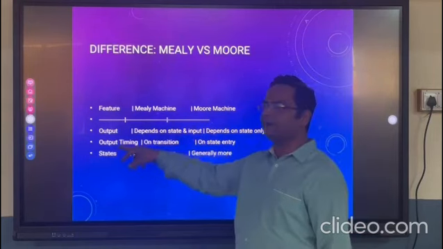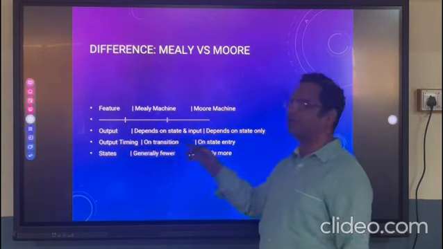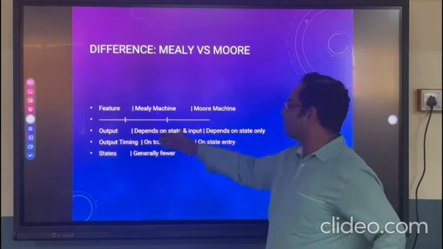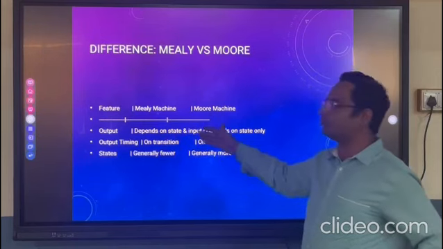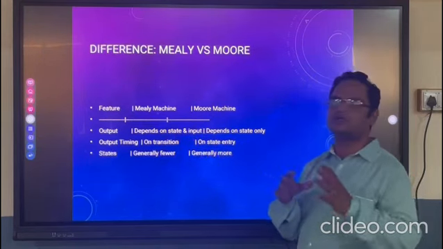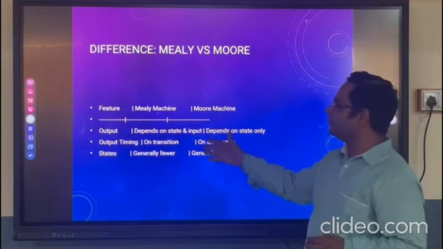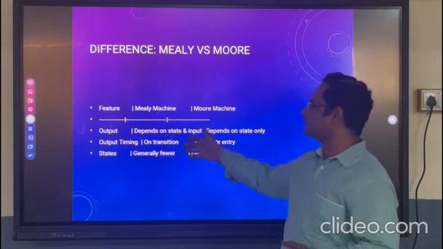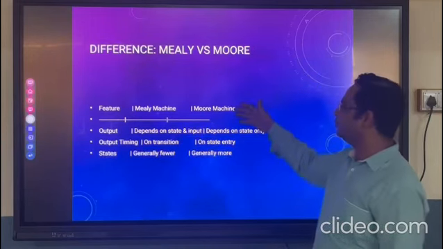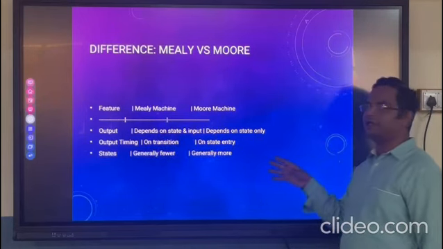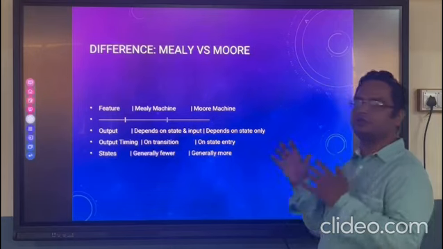The second part is the output timing. In the Mealy machine, output timing depends on the transition. Transition means present state to next state. So in the Mealy machine output timing depends on transitions, and in the Moore machine output timing depends on the state entry, meaning when one state moves to the next state.